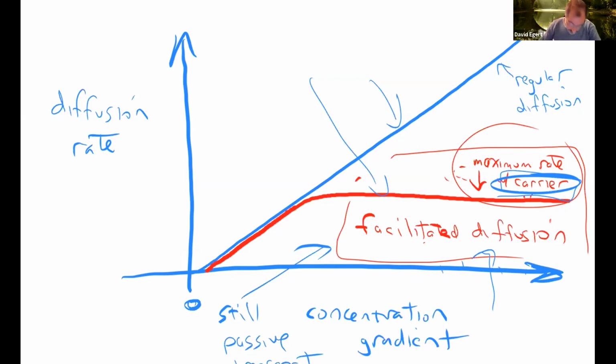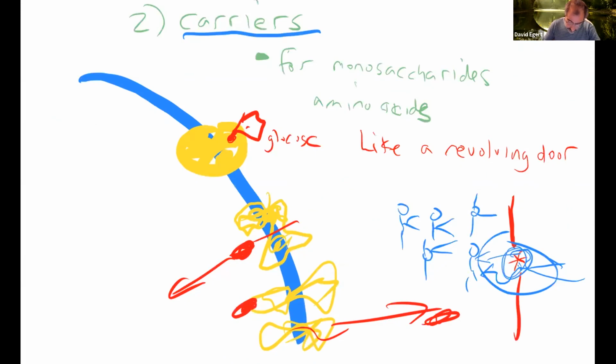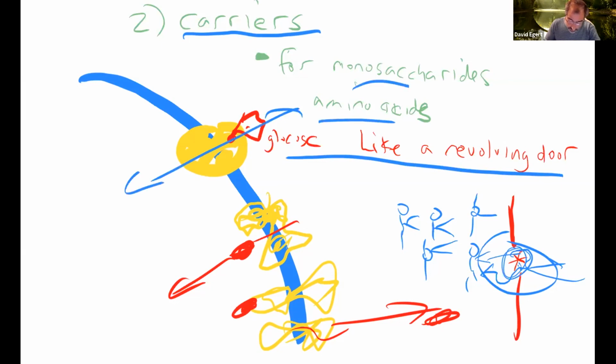Okay. All right, so carriers, like a revolving door, things move in or out. Now we're going to get even more complicated, these co-transporters.